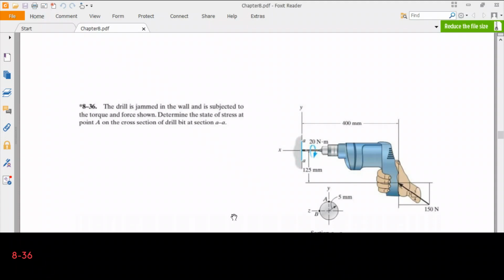Okay, our problem is 836. Now the drill is jammed in the wall and is subjected to the torque and force shown. Determine the state of the stress at point A on the cross section of the drill bit at section AA. Okay, so we have a drill and the drill bit is jammed. There is 20 Newton meters torque applied to the drill bit, and 150 newtons of force applied by someone to the handle of the drill.